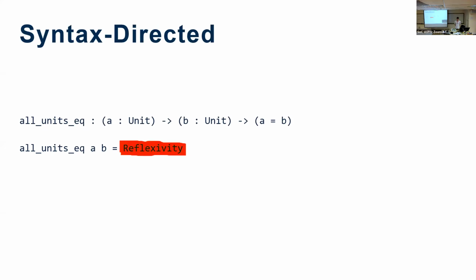But in the syntax-directed version, it does not. This does not type check because we haven't even looked at what A and B are, and so all the equality judgment sees is two unrelated variables, and it says they're not equal. So that's just a little taste of how these two algorithms differ. They decide different equalities.